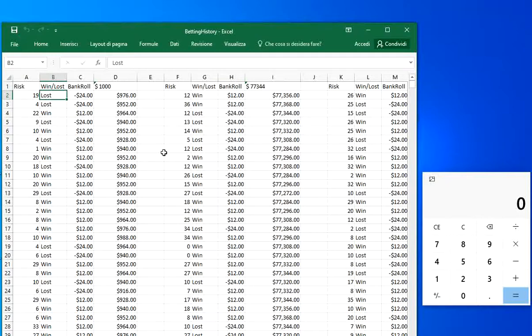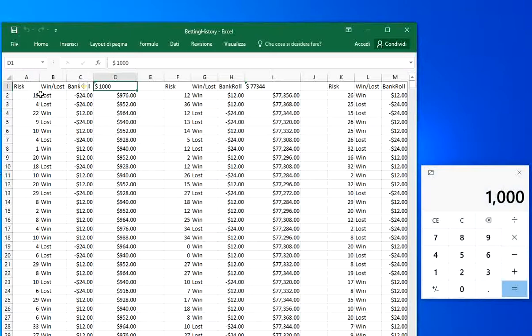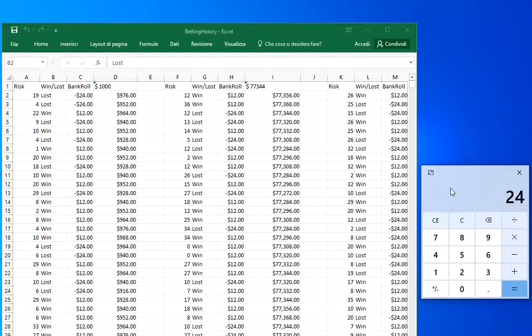This particular setup was placing bets with 24 numbers, and the first bet started with a bankroll of 1,000. We lost with number 19, so minus 24 is equal to what?